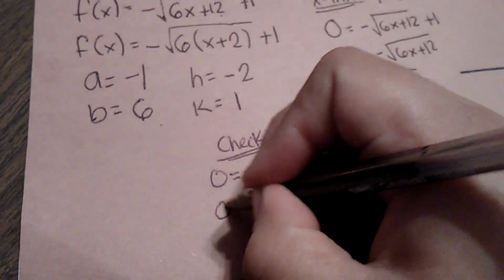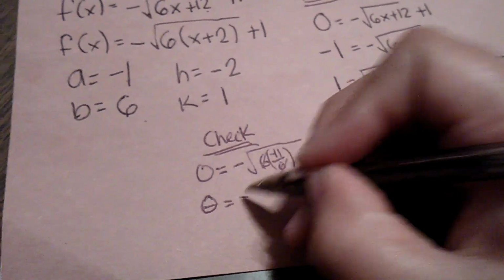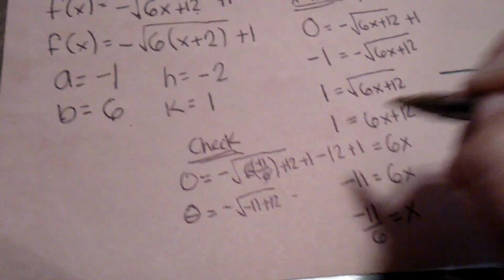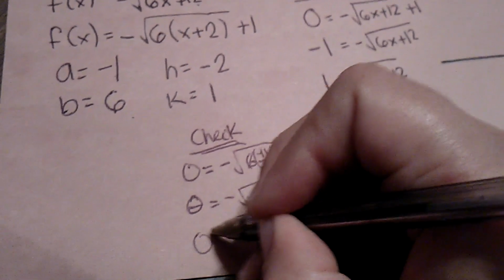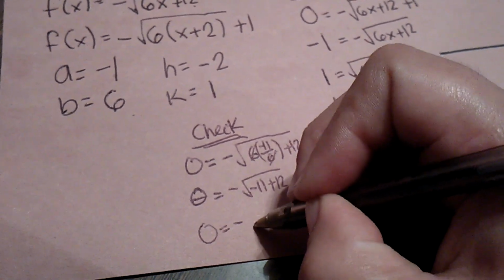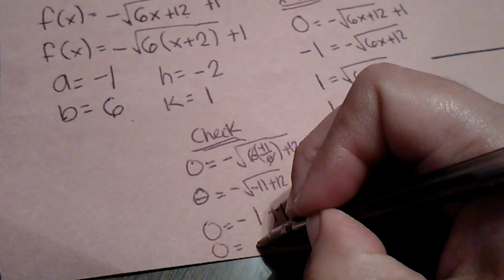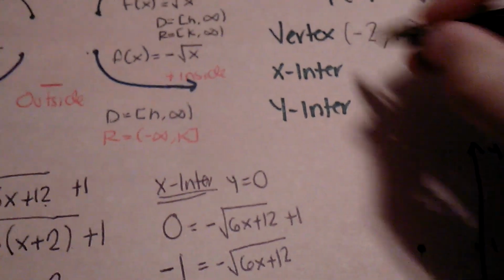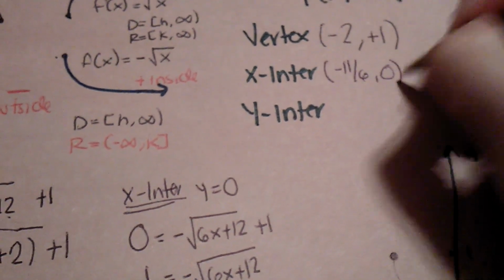So 0 equals, I cancel the 6 and I will have minus radical of minus 11 plus 12, plus 1. Minus 11 plus 12 is 1. So 0 equals minus 1 plus 1. And minus 1 plus 1 is 0, so 0 equals 0. So I check it and I have it correct. So it's minus 11 over 6, comma 0.